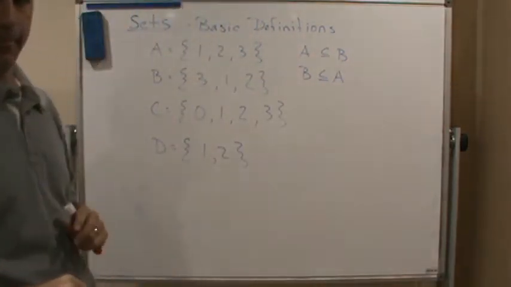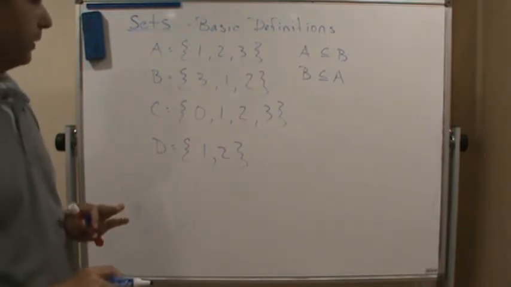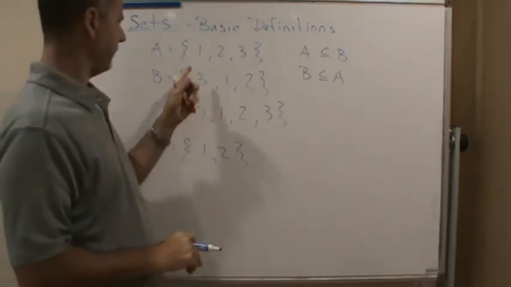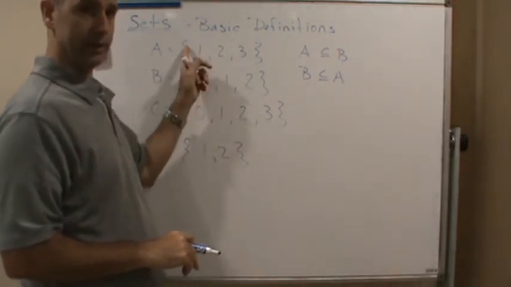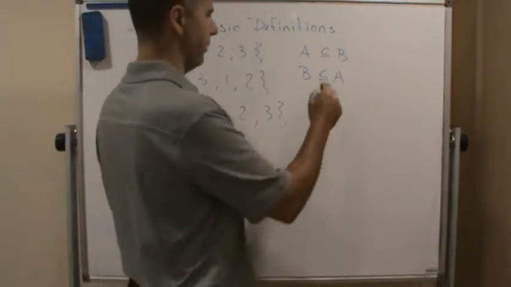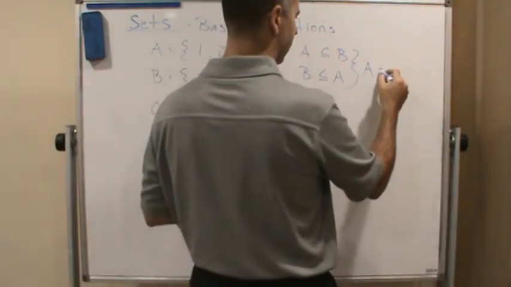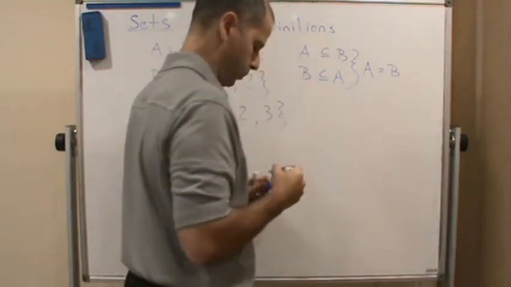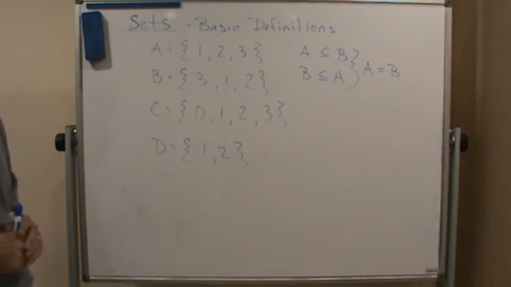But that also tells us something else. If all the elements of A are in B, and all the elements of B are the same elements in A, then this comes together, and what we say is A is equal to B. Now again, that might have been duh.